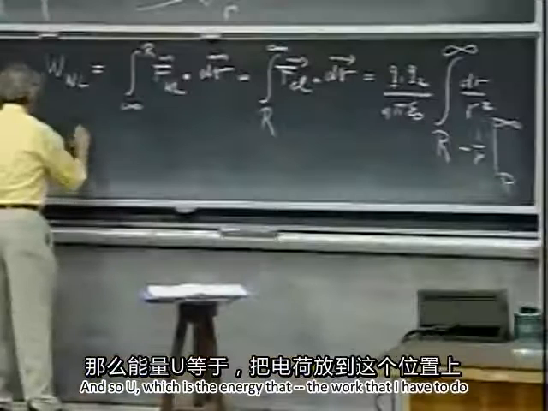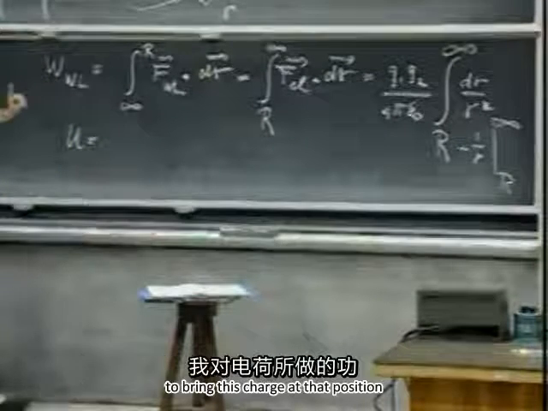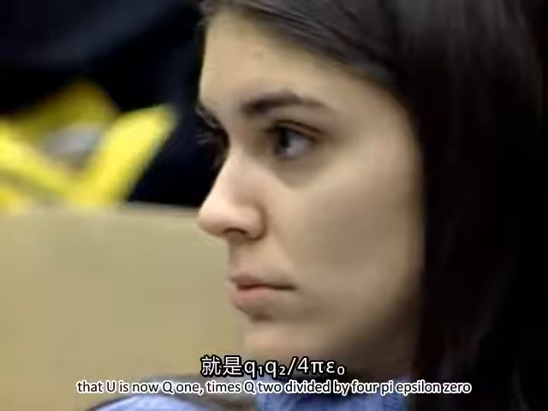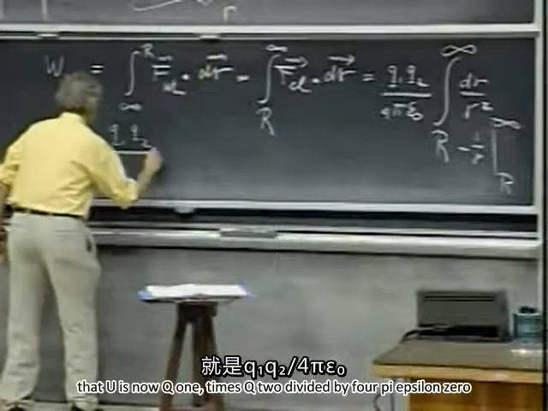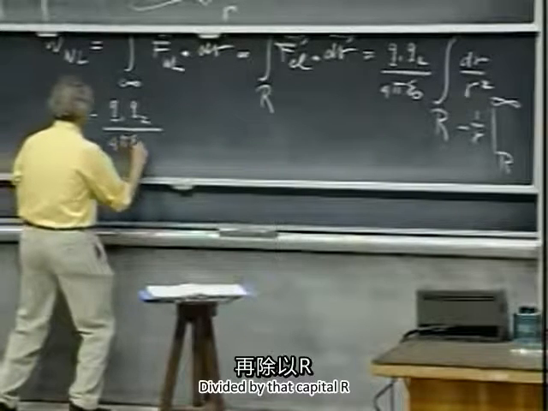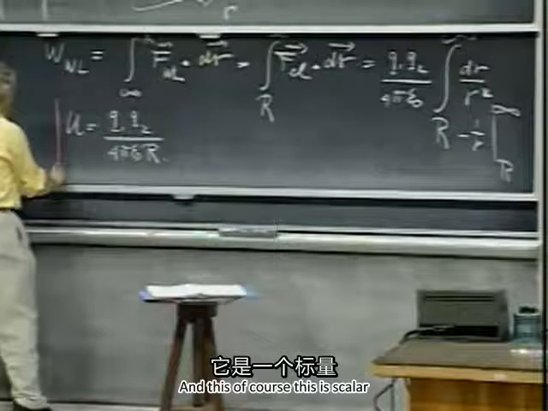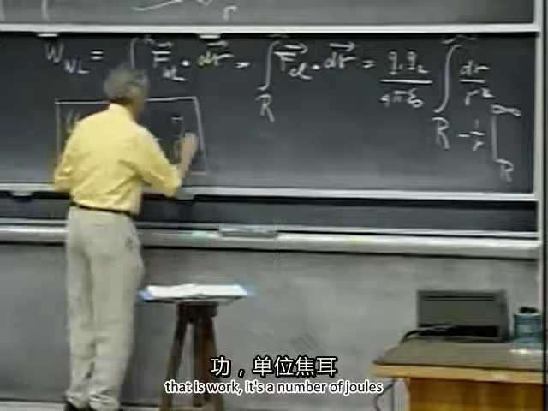And so U, which is the energy, the work that I have to do to bring this charge to that position, that U is now Q1 times Q2 divided by 4 pi epsilon 0 divided by that capital R. And this, of course, is a scalar, it is work, it's a number of joules.